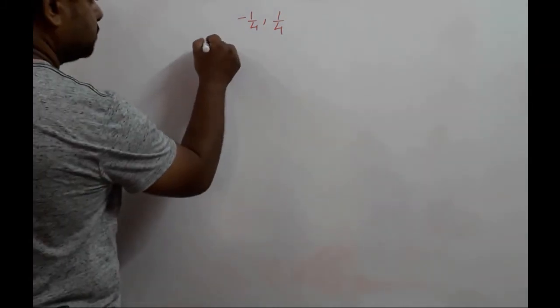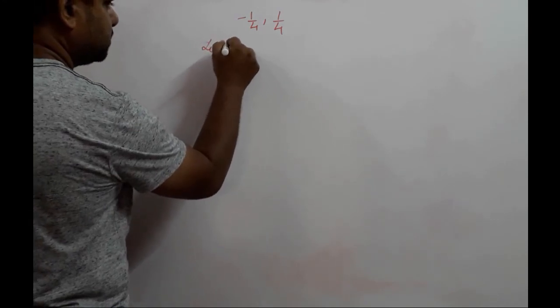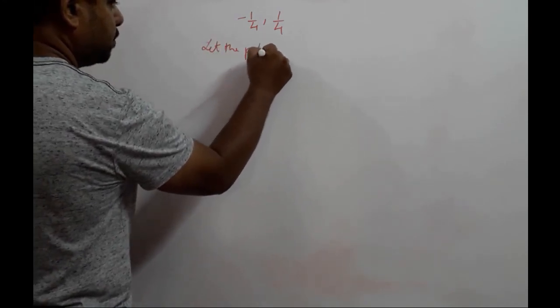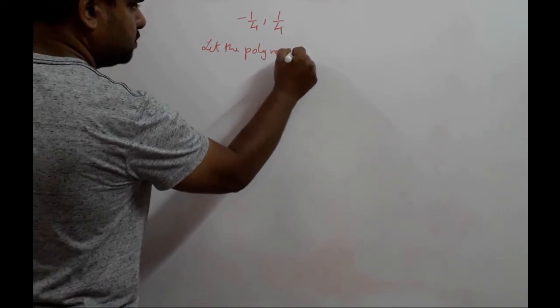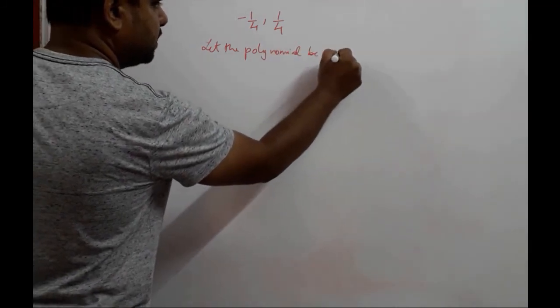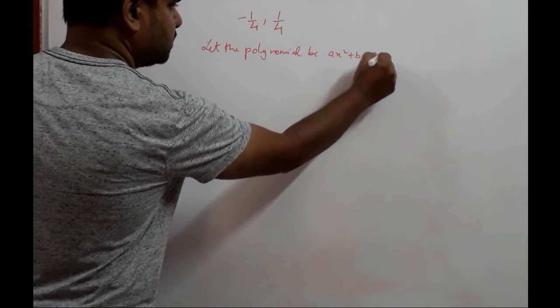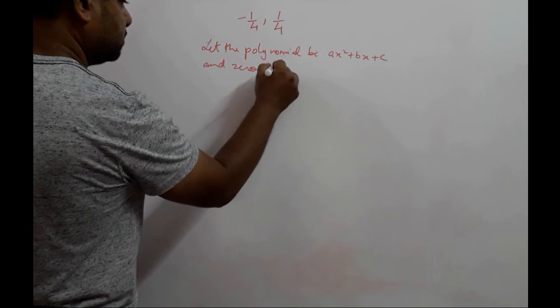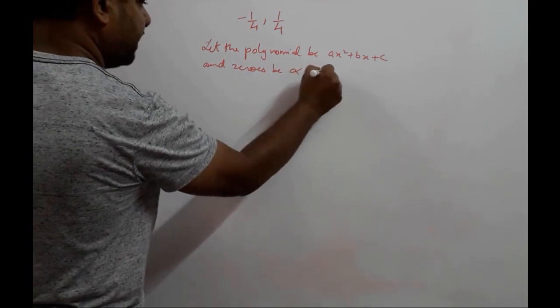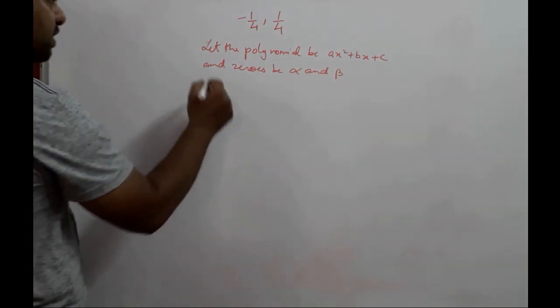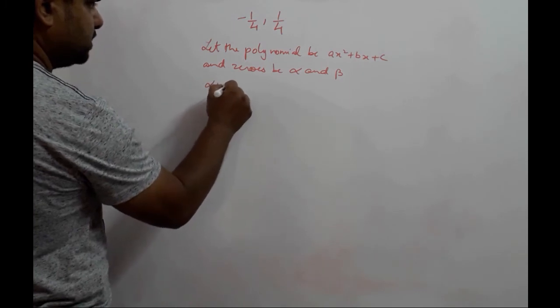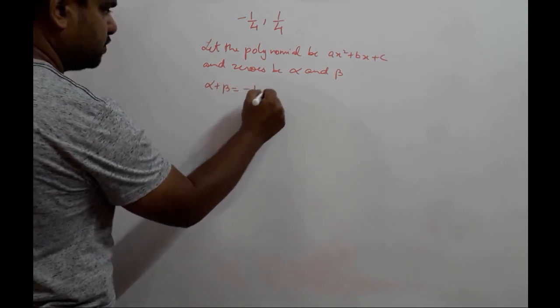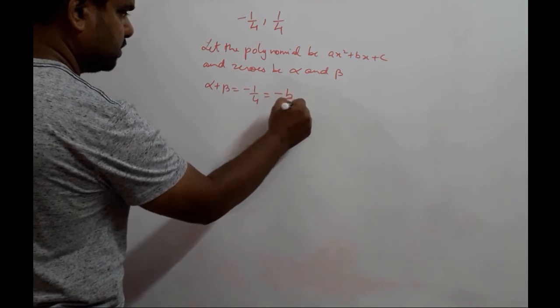minus 1 upon 4 comma 1 upon 4. So let us assume, let the polynomial be ax square plus bx plus c and zeros be alpha and beta. So alpha plus beta is given as minus 1 upon 4, which is equal to minus b upon a.